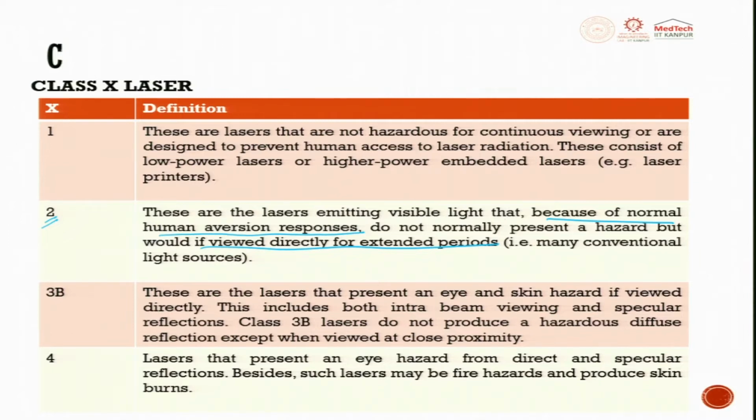Class 3 lasers present an eye or a skin hazard if viewed directly. They include both intra-beam viewing and specular reflection. Class 3B lasers do not produce a hazard from diffuse reflection except when viewed at close proximity. Class 4 lasers present an eye hazard from direct and specular reflection. Besides, such lasers may be a fire hazard and produce skin burns. Generally, we use class 4 or class 3B in additive manufacturing.